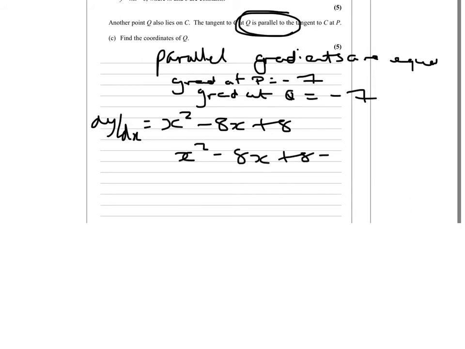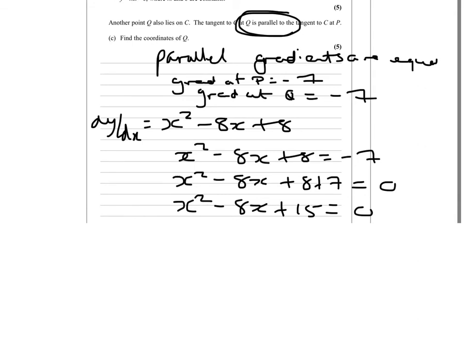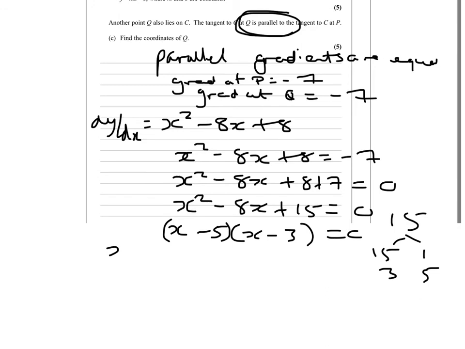And now it's just our quadratic, and to solve a quadratic we bring it over and let it equal 0. So you have x squared minus 8x plus 15 equals 0. What multiplies to give 15 and adds to give minus 8? So x minus 5 and x minus 3. So x has to be 5 or x has to be 3.